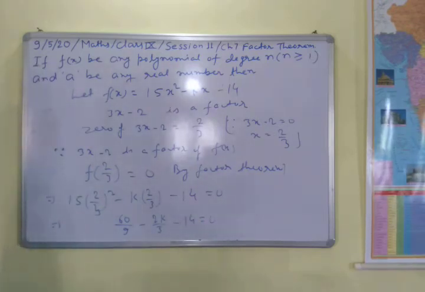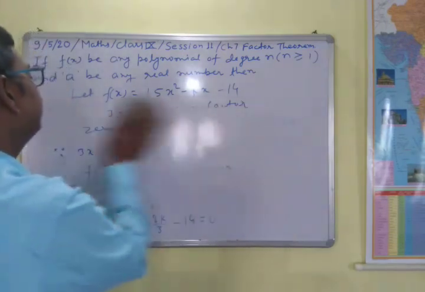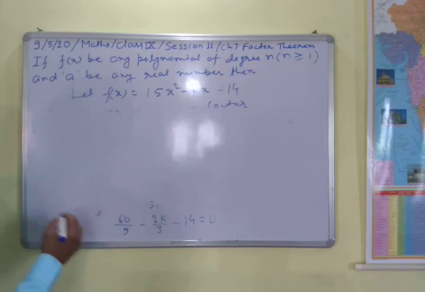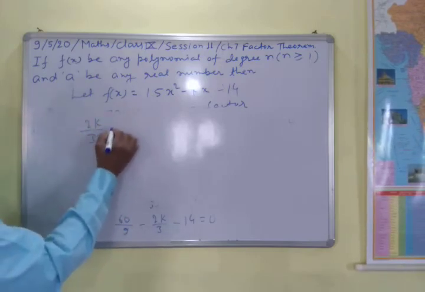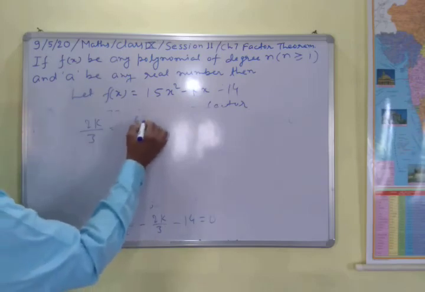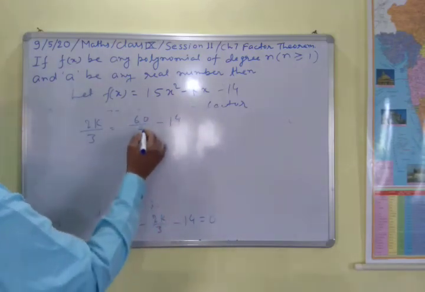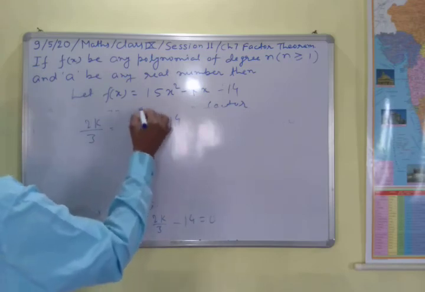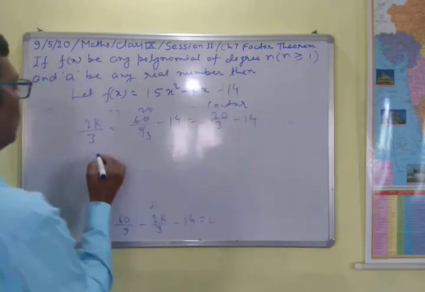Then I can further solve it and we will get the value of k. So 2k by 3 equal to 60 by 9 minus 14, and 60 by 9 cutting by 3 is 20 by 3 minus 14.